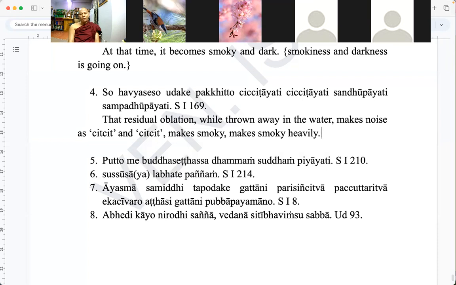So the Buddha guided that Brahmin to throw the remaining oblation away in the water, even in an ocean or a big river, full of much water.